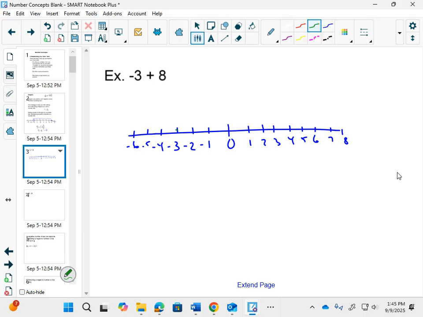So I go on my number line, this is where I'm starting. Adding moves to the right, subtracting moves to the left. So if I started at minus 3 and I added 8, 1, 2, 3, 4, 5, 6, 7, 8, I'm going to end at plus 5.